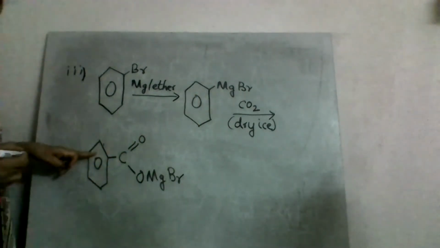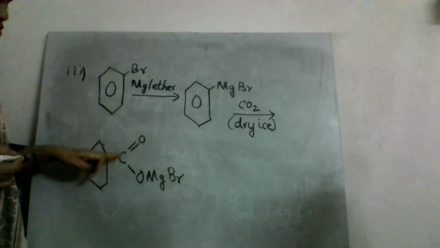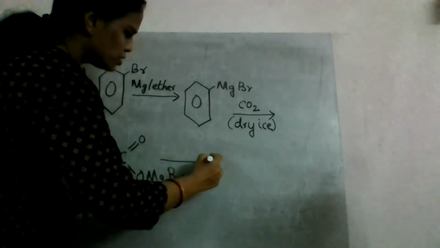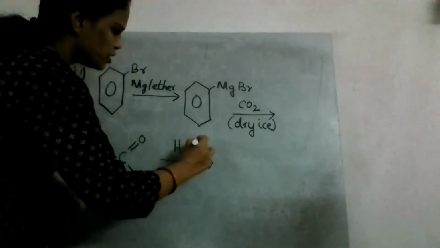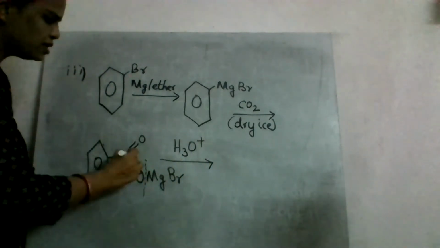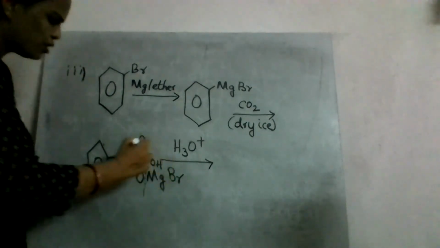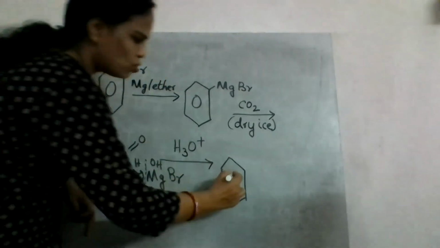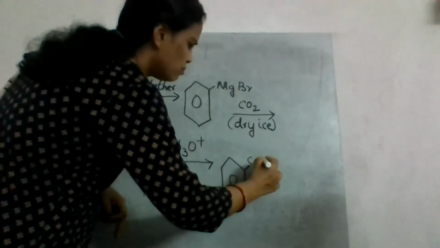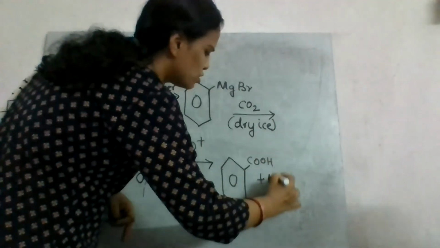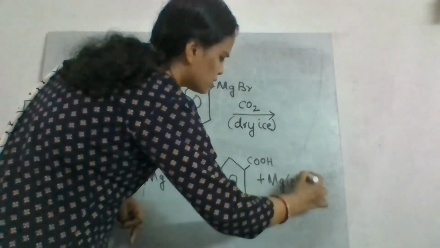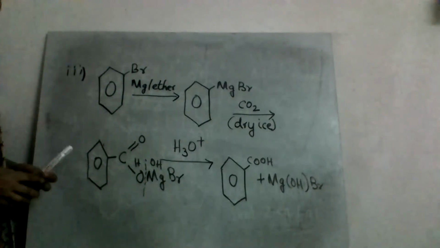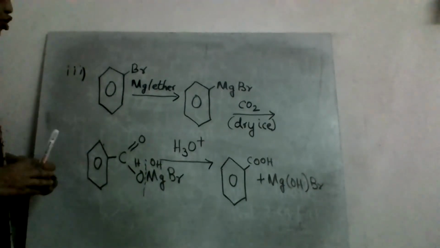So this benzene ring gets attached to the carbon C double bond O OMgBr, and this undergoes hydrolysis on treatment with H3O plus. So here HOH, and the product that is formed is benzoic acid, C6H5COOH, plus MgOH is removed out.